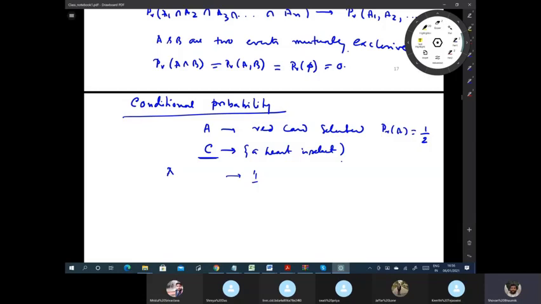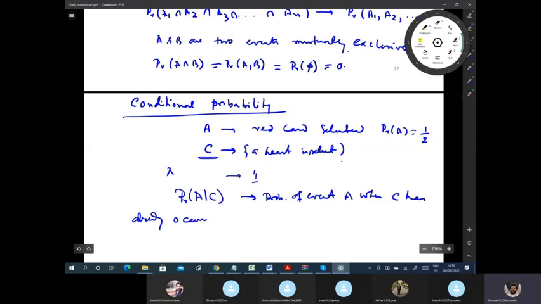So how will we write this conditional probability? In short notation we write P(A/C). That means the probability of event A when C has already occurred.